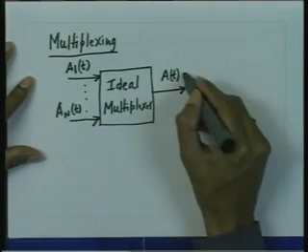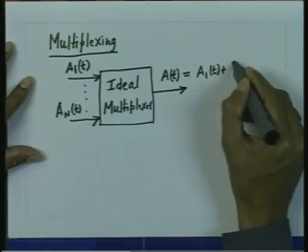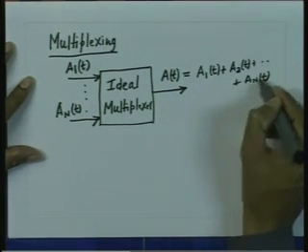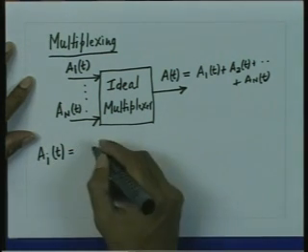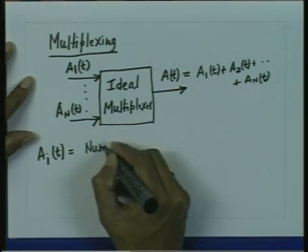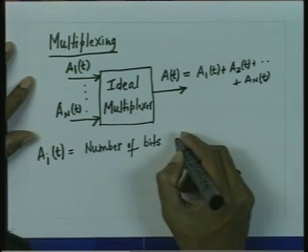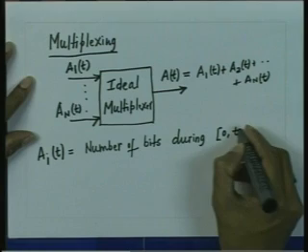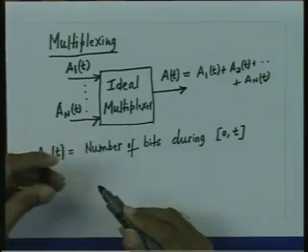Now this is an ideal multiplexer, so the output A(t) is given by A1(t) plus A2(t) plus so on till AN(t). Here Ai(t) denotes the number of bits or arrivals transmitted by the traffic source during the interval 0 to t, or in other words, the cumulative number of arrivals by the time t.